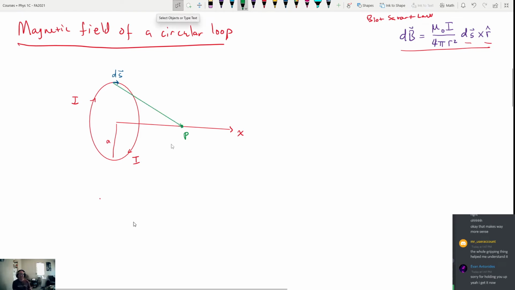All right, so that is our r vector. And then r hat, of course, is a shorter vector that has length 1 back here. Now, the first thing we have to figure out is what ds cross r hat is going to be, and specifically in this case, what direction it points.